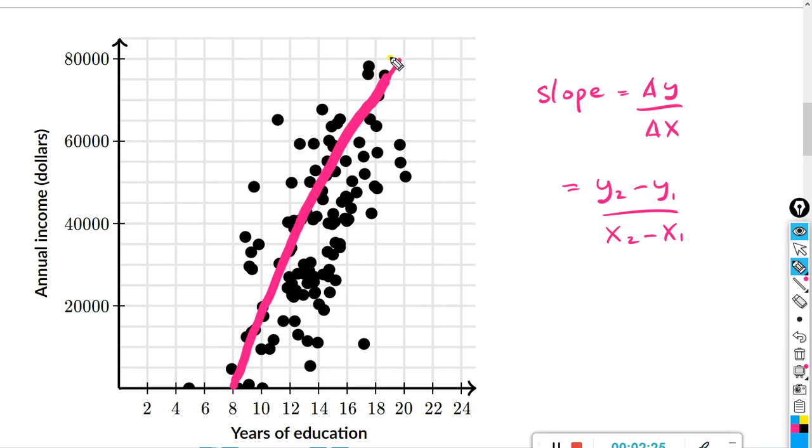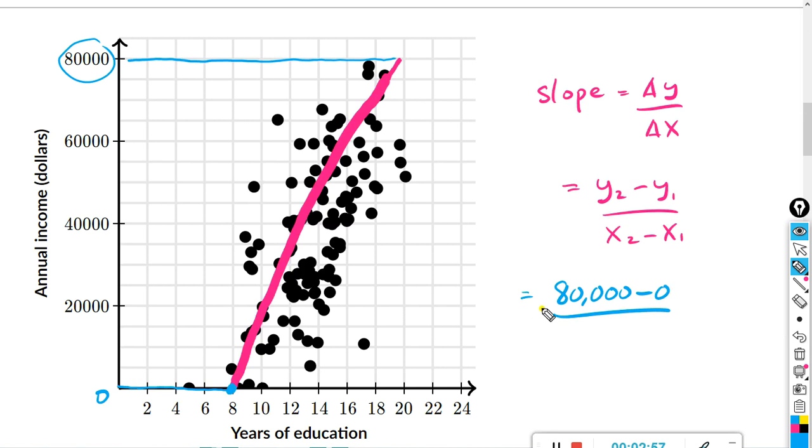We start at the end of the line and we're at 80,000. And the other y coordinate for our line, we go to the other end of the line right here, and we started at 0. So it's just 80,000 minus 0.